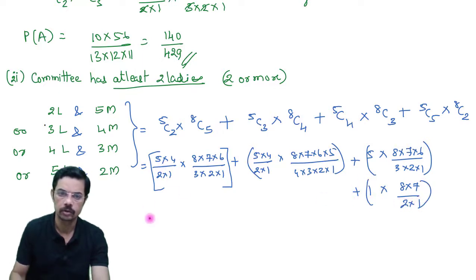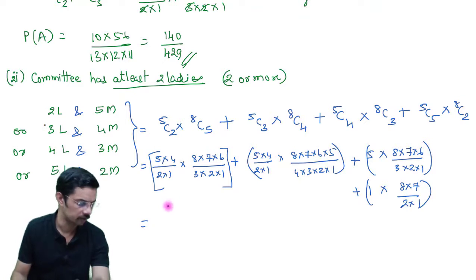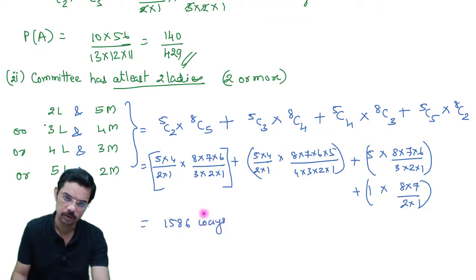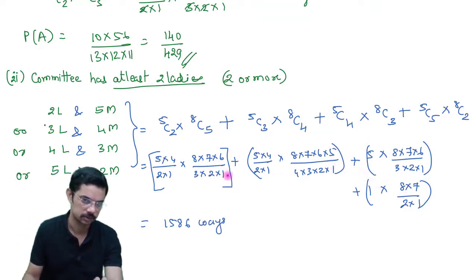Once we simplify all these, what we get is 1586 ways. The final calculation will be 1586.